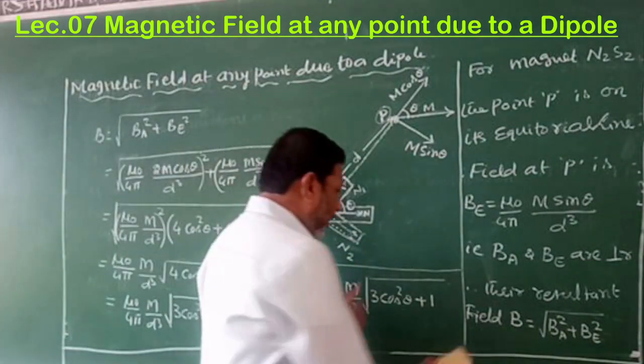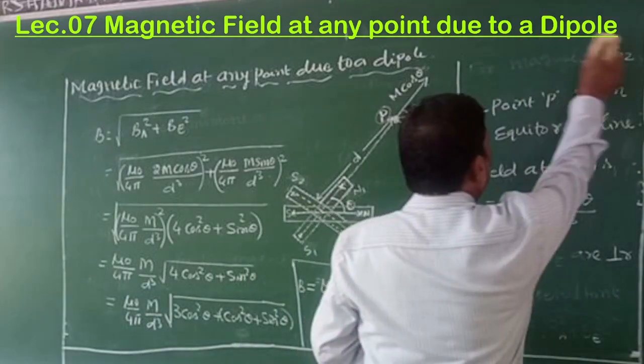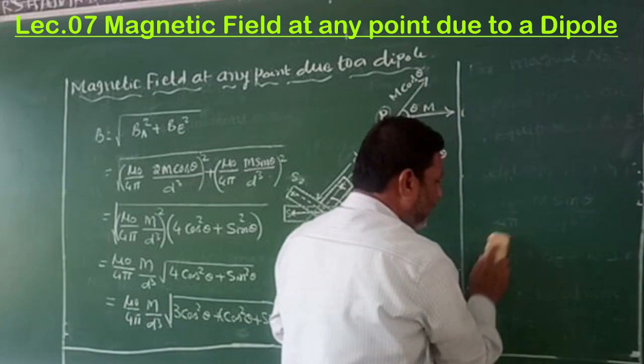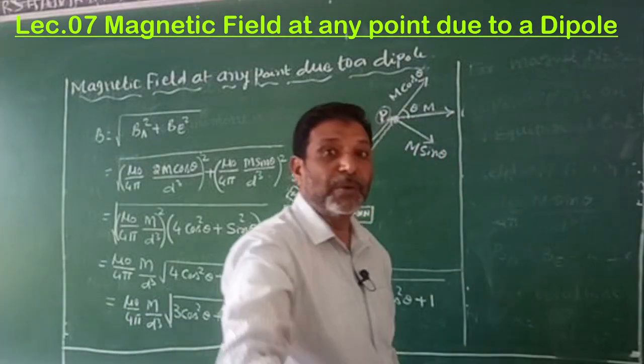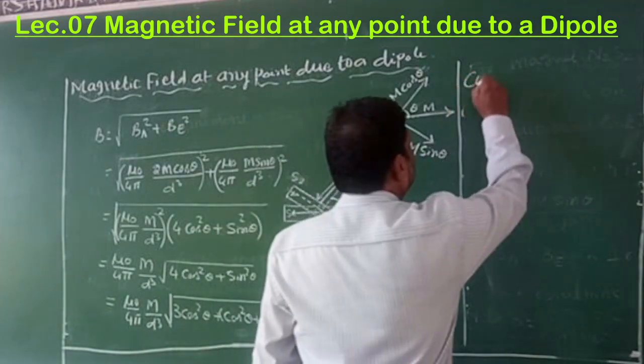Now let us see, by using this formula, whether you get those formulas or not. Which formulas? The field along the axial line and the field along the equatorial line of the dipole. Now first, case 1.